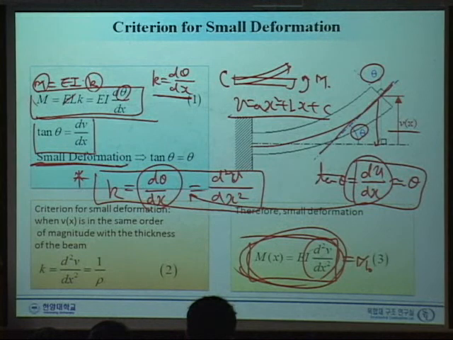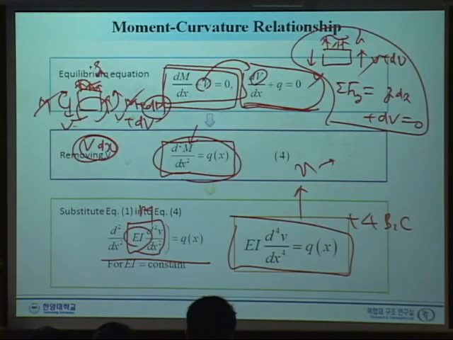Once you have V, you take the second derivative and multiply by EI, and this will be the moment, right?